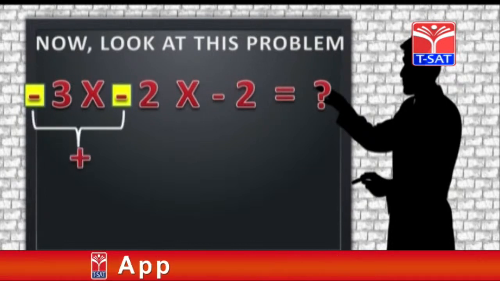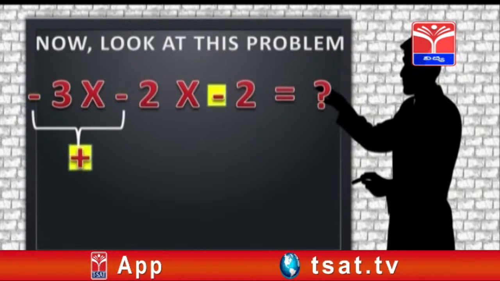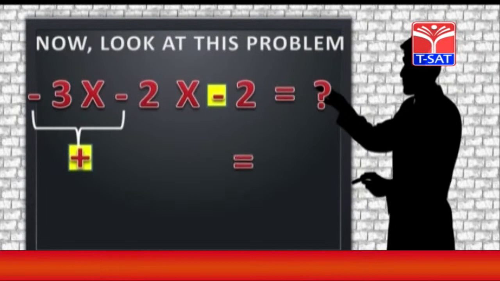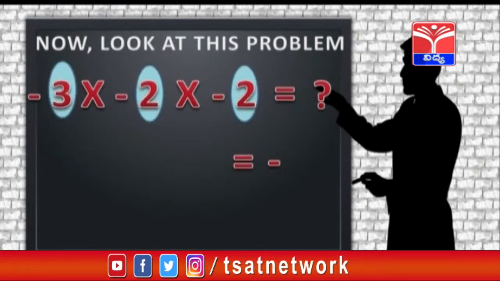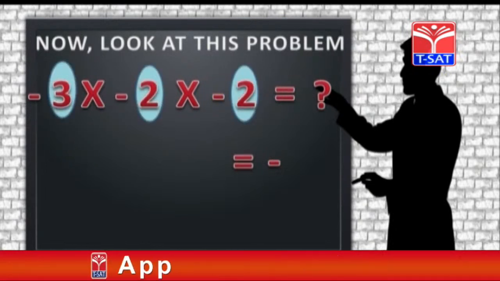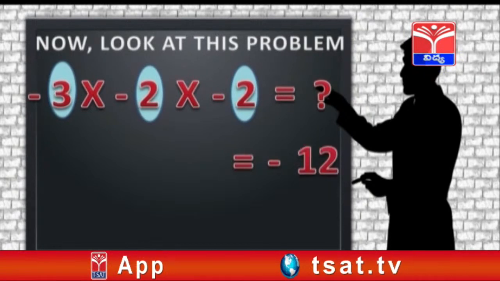Negative times negative is positive, and next with this positive you multiply the remaining negative, thus we get positive times negative is negative, thus the final answer contains a negative sign. And the product of the numbers 3 into 2 into 2, we get 12, thus the final answer is negative 12.